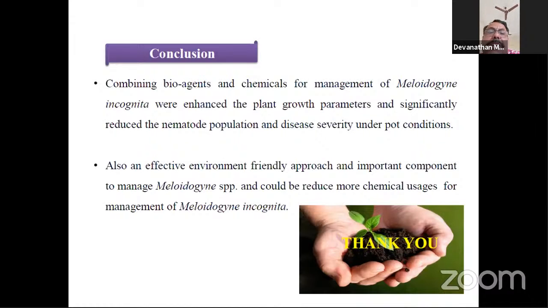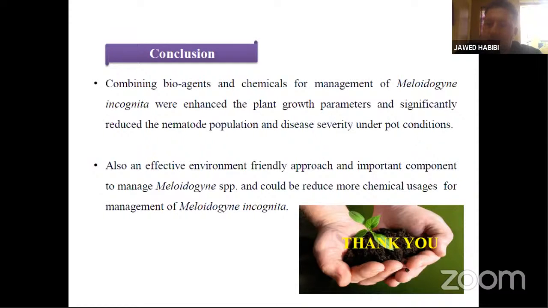Okay, so for eco-friendly management, what are the other options we have to explore? We have included 4 different treatments, and the conclusion is that it is successful in controlling the nematode. So we conclude that the number of treatments has to be reduced. Okay, sir. Too many combinations should be avoided.